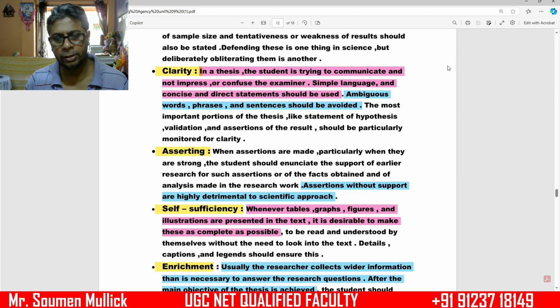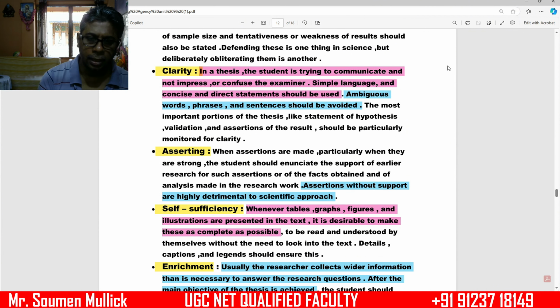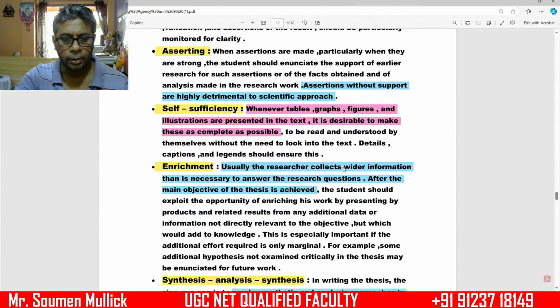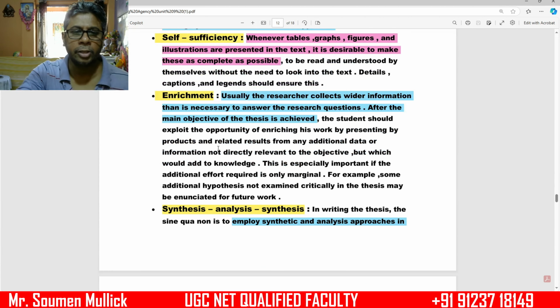Usually the researcher collects wider information than is necessary to answer the research question, after the main objective of the thesis is achieved. Next, synthesis and analysis. In writing the thesis, employ the synthetic and analytic approaches in cycle. Get an overview, outline the content of the thesis, synthesis. So these are the 15 principles of developing a thesis.